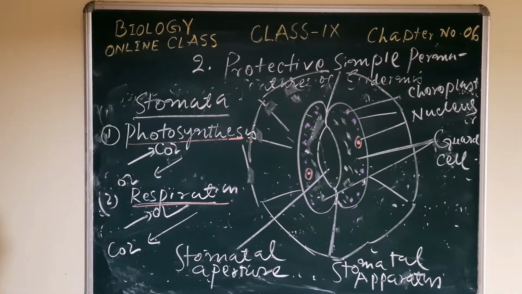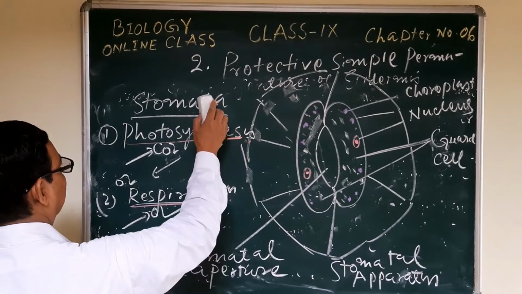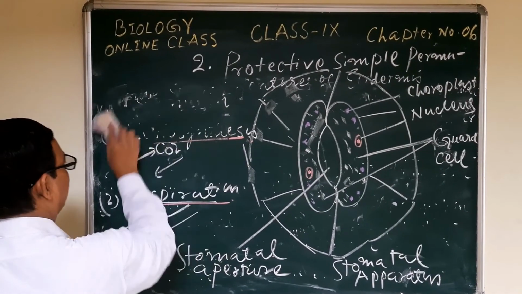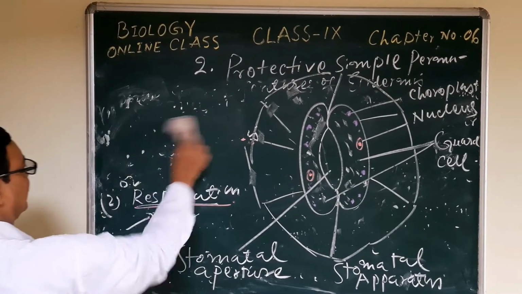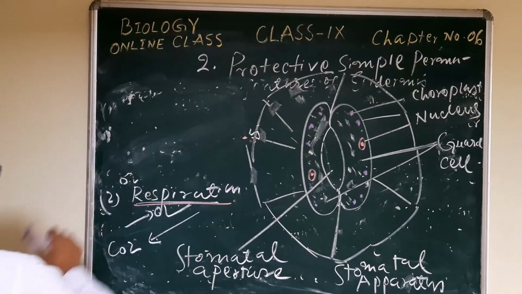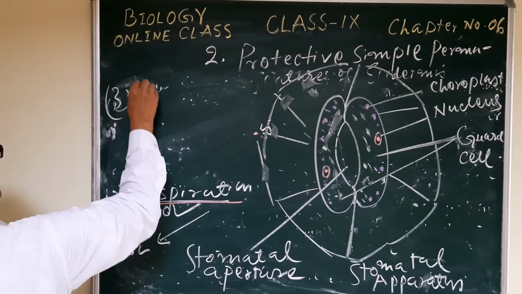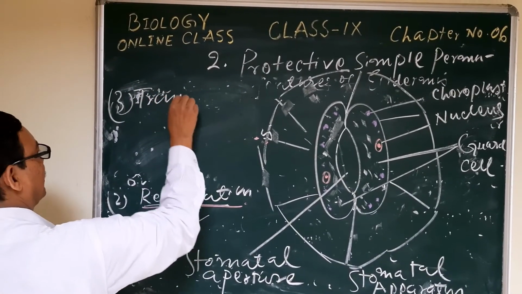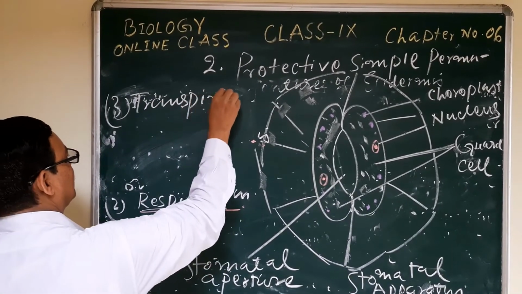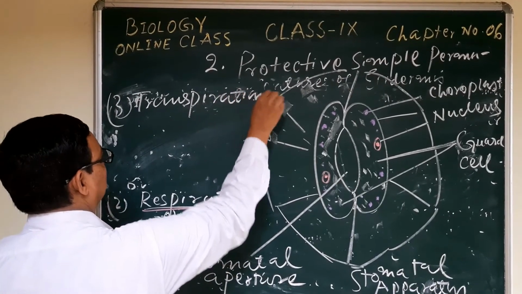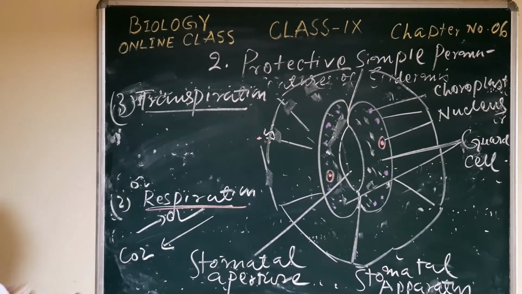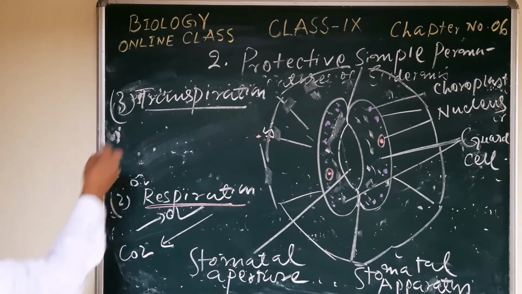And the third important function, the third important physiological activity, is the process of transpiration in the plant body. What is the definition of transpiration?